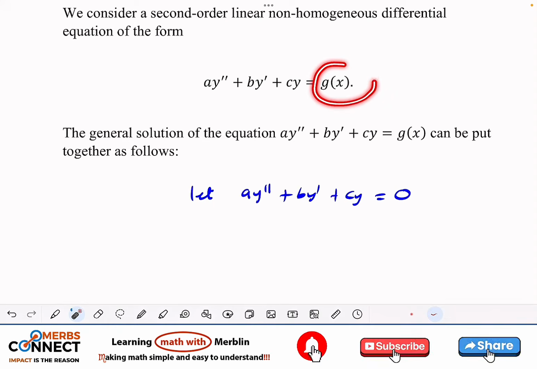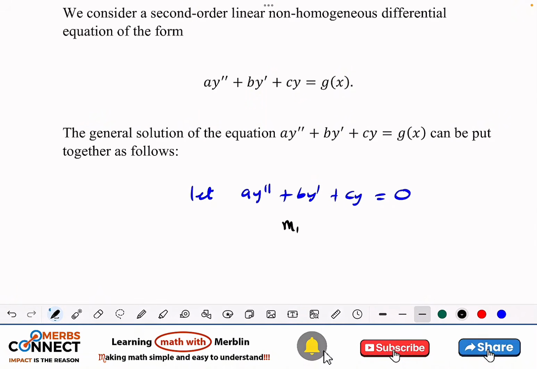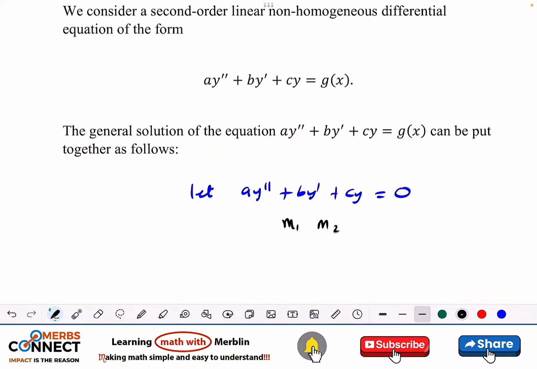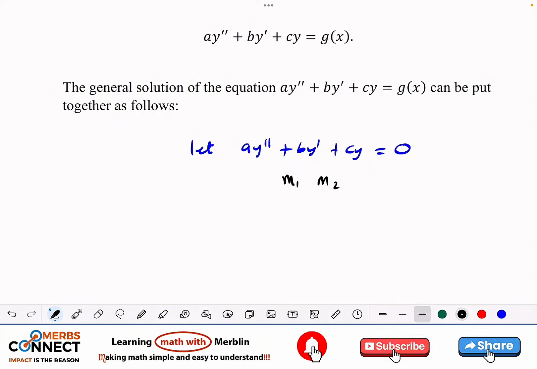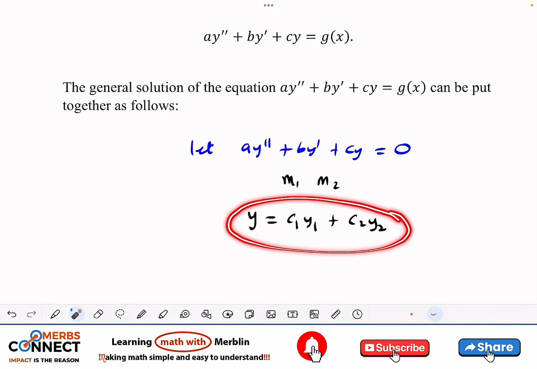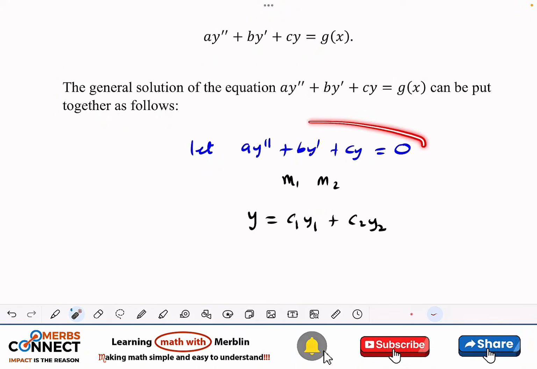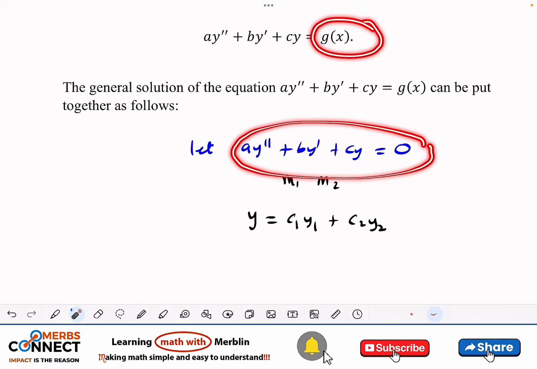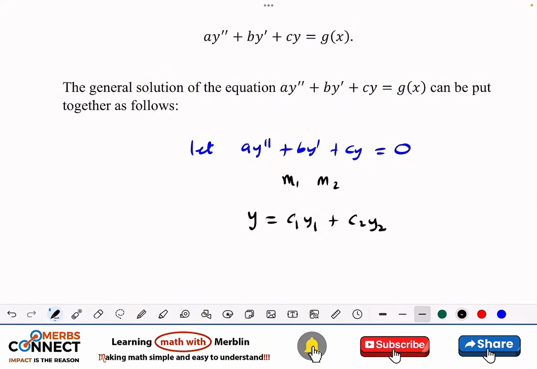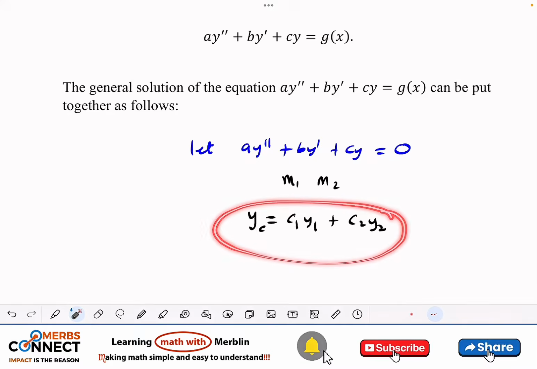So when I solve it and get my roots, let me say m1, m2, and write the general solution from the previous video as c1 y1 + c2 y2, this is not a general solution because the function is not equal to 0, it's equal to g of x. So we call this a complementary solution, and I put yc here to show that.